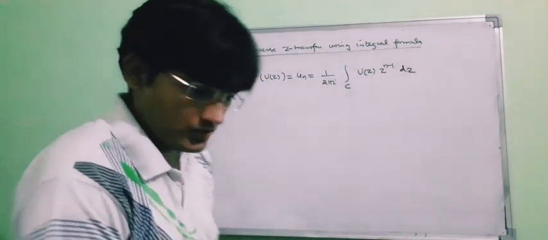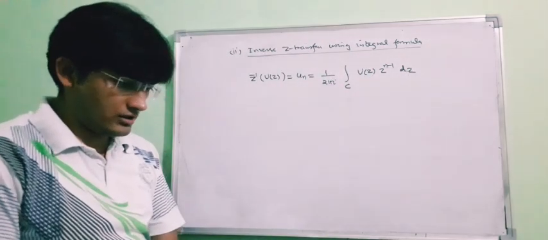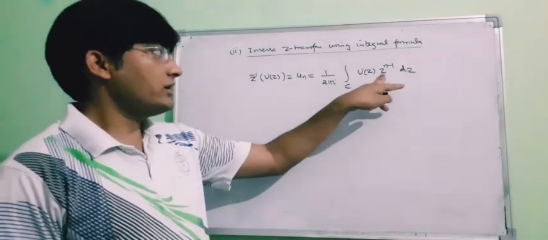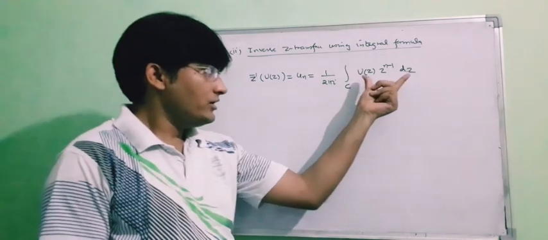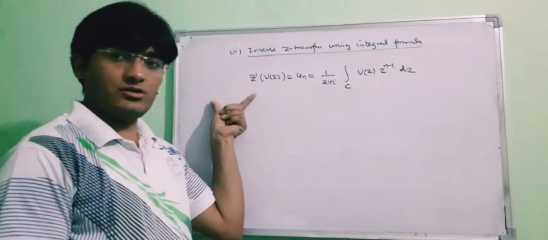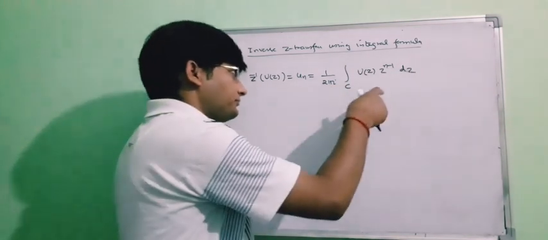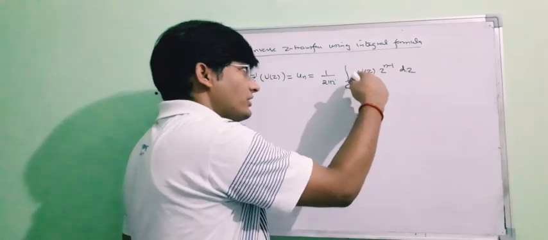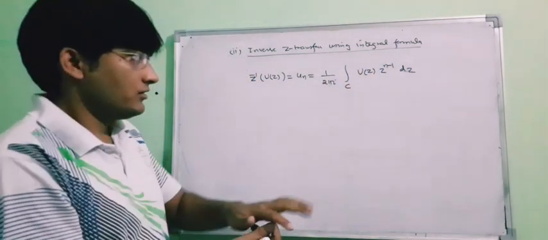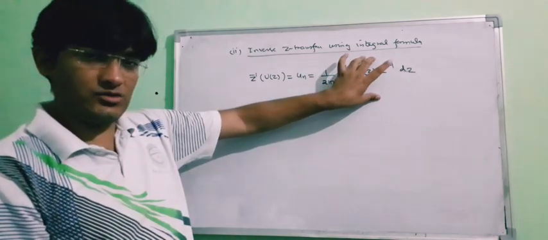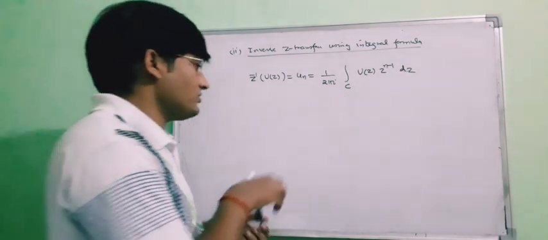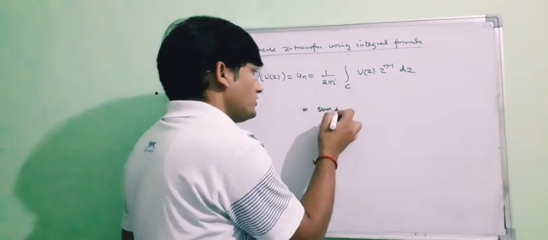Now with the help of the residue theorem, the value of this integral is 2 pi i times the sum of the residues. So 2 pi i will get cancelled, so it is equal to the sum of residues.